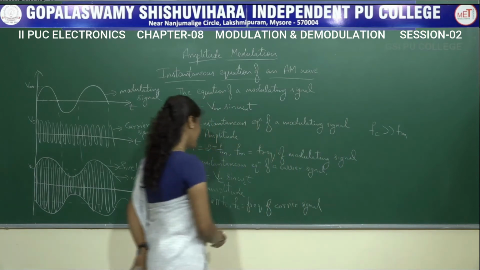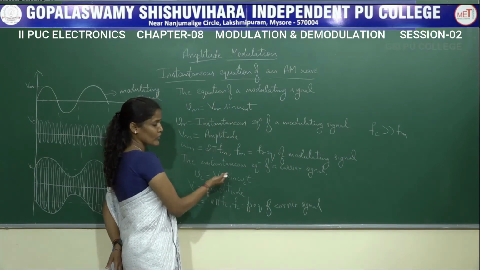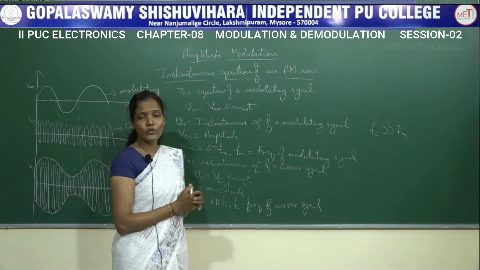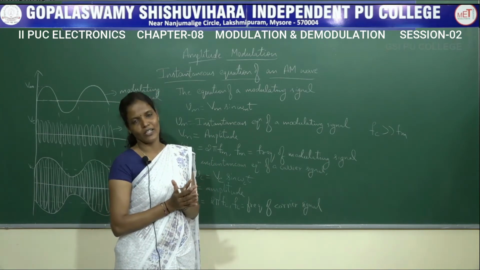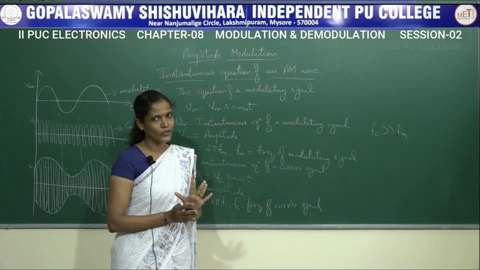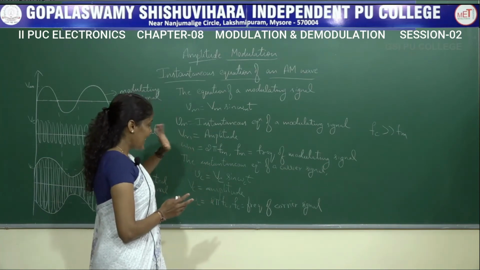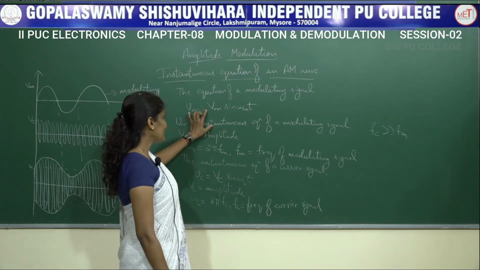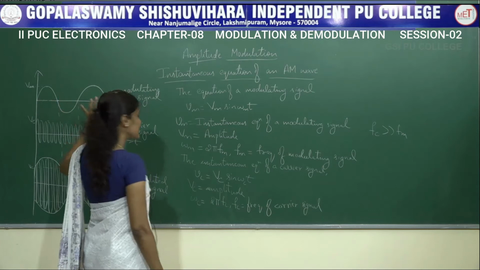In these two equations, that is the instantaneous equation of a carrier wave and the instantaneous equation of a modulating wave, in both we have ignored the phase. But the amplitude of this carrier signal is constant, whereas the amplitude of this modulating signal is not constant.